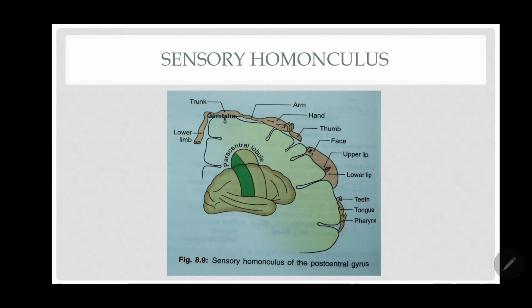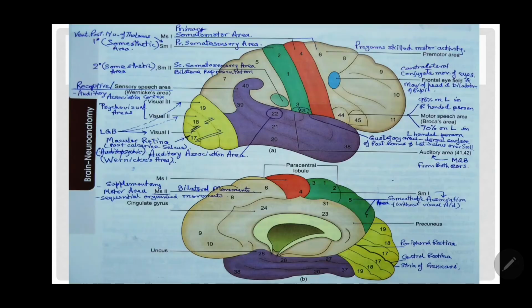Now, let us move back to the slide which we were already following. Yes, this one. Now, look here at this area. In my previous slide, I showed you that I had drawn it in yellow color. This is SM2, and being 2, I told you it has a bilateral representation. So the sensations from both sides of the body are reaching here.